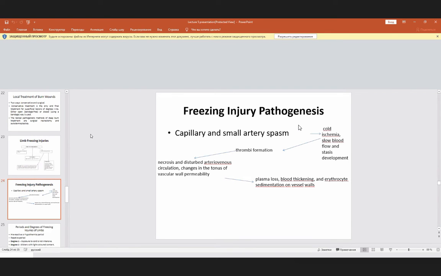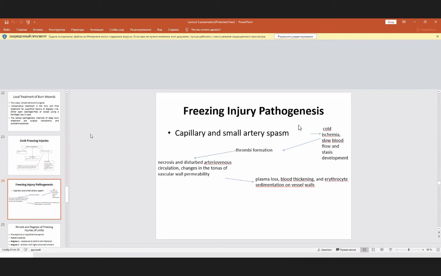The pathogenesis of deep freezing injuries involves a refractory spasm of capillaries and small arteries, which causes cold ischemia, slow blood flow, and stasis development. The destabilization developed during the pre-reactive stage, at the reactive stage after rewarming, intravascular aggregation.